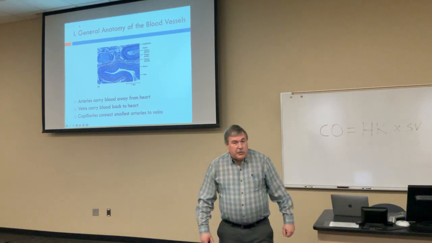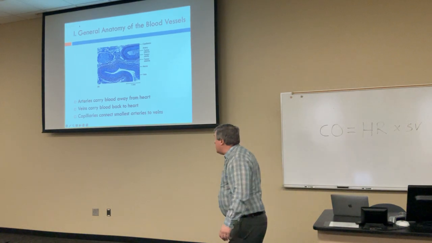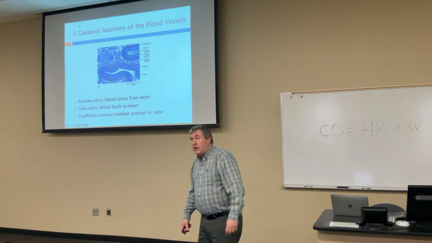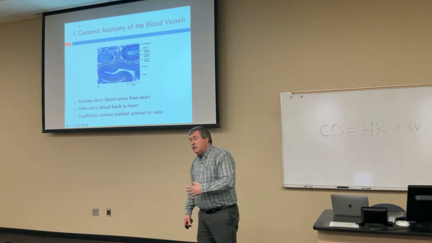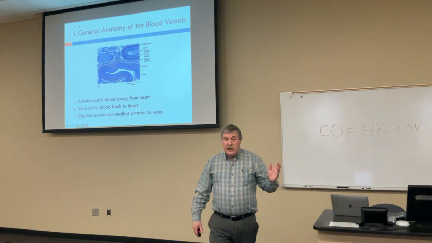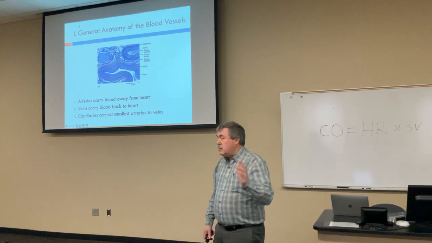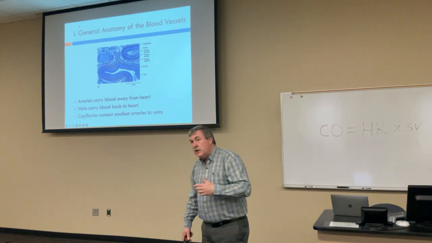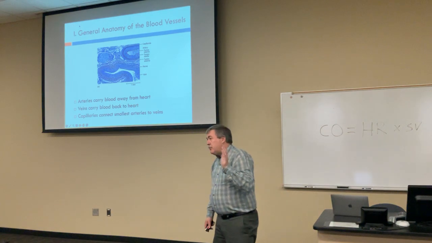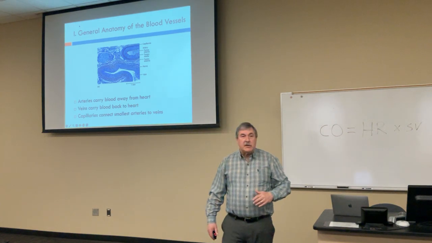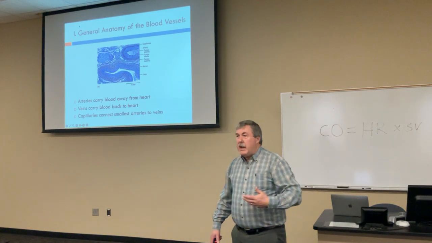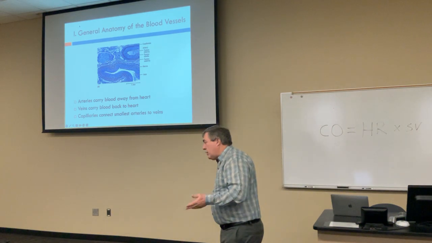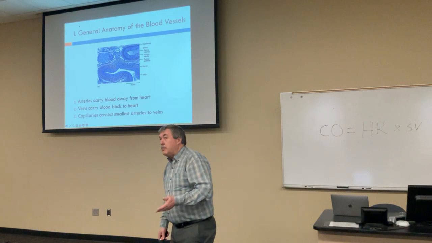So, first thing I think it's important to know is that arteries always carry blood away from the heart. Doesn't matter if it's in the systemic circulation or the pulmonary circulation. If a blood vessel is carrying blood away from the heart, it's always an artery. Now, some people might define an artery as blood vessels that carry oxygenated blood.